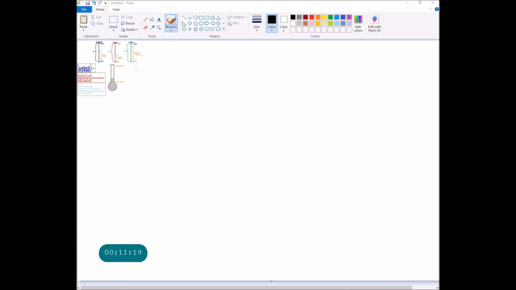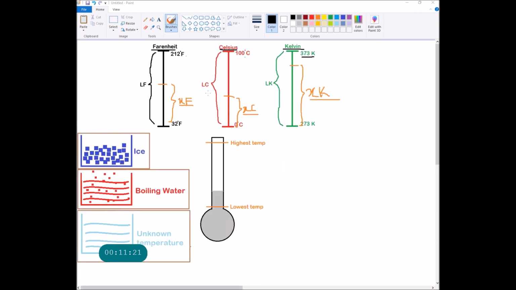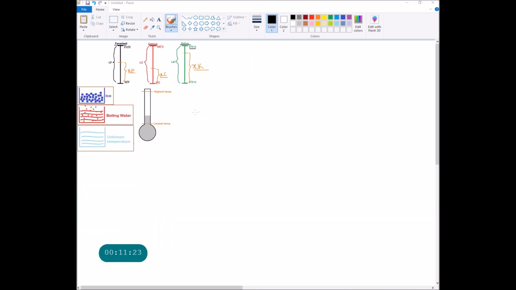Now let us derive the relation between the Celsius and the Kelvin scale. So again let's take that LC divided by XC is equal to LK divided by XK.